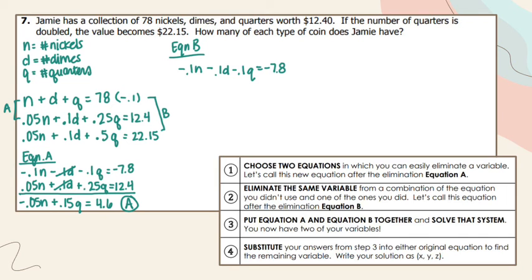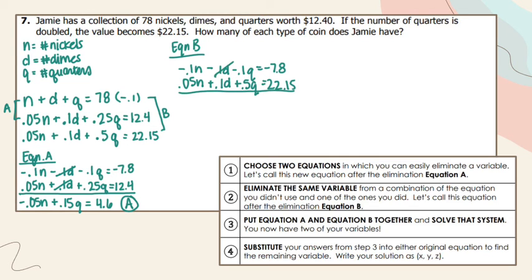And then the bottom equation here is going to be our other one for B. So 0.05n plus 0.1d plus 0.5q equals 22.15.